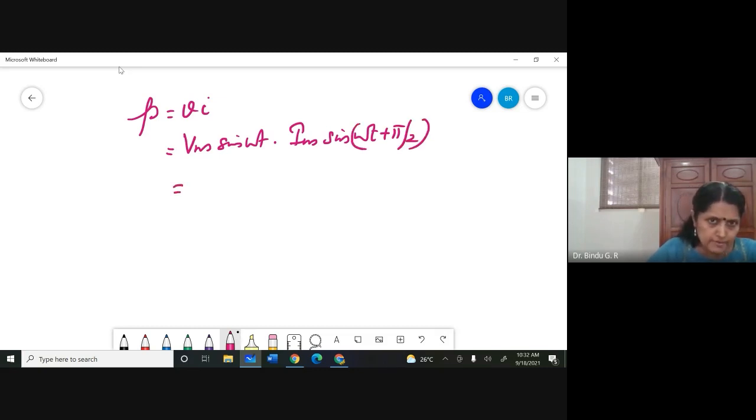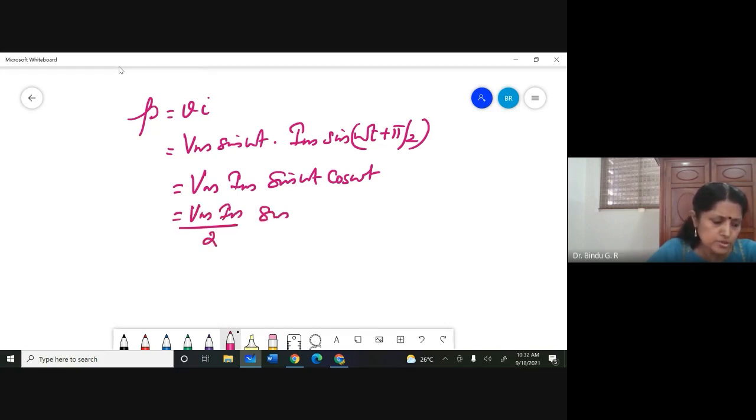So I can write Vm Im sine omega t into sine omega t plus pi by 2, as sine omega t cos omega t, or Vm Im by 2 sine 2 omega t. Whenever I find that there is a sine term or a cosine term, I know it's a symmetrical wave. Again, average power will be 0 over a whole cycle.